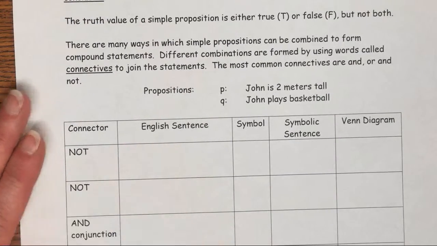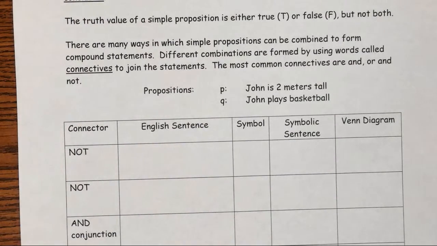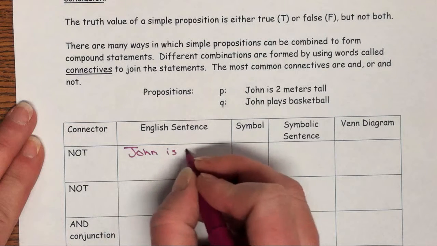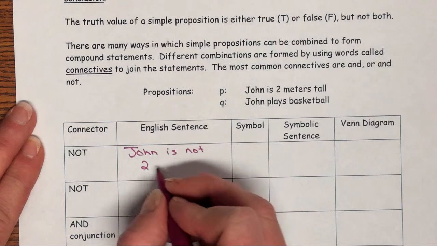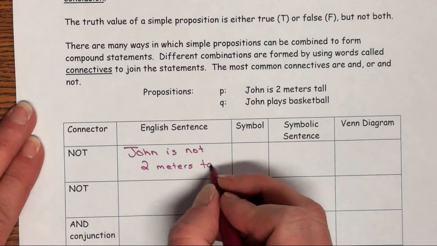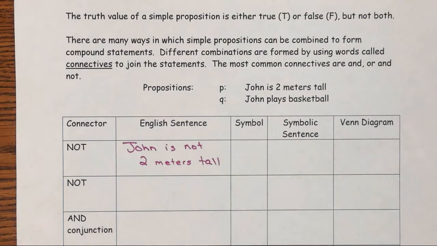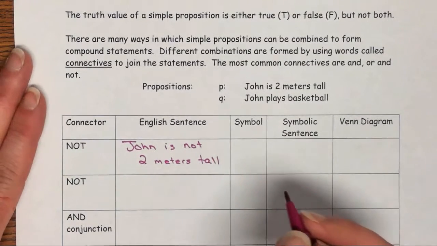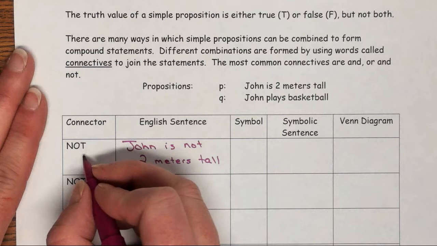So let's take the first statement, and negate it, not that statement. So what does that mean? Well, if we negate it, that would be that John is not 2 meters tall. What would be the symbol for that? Well, there's a couple of different ways that we can write not in symbolic logic.